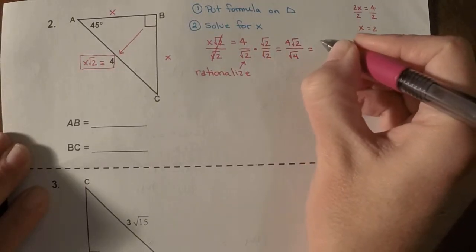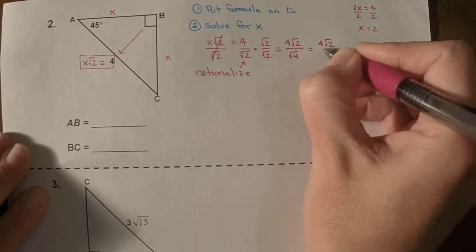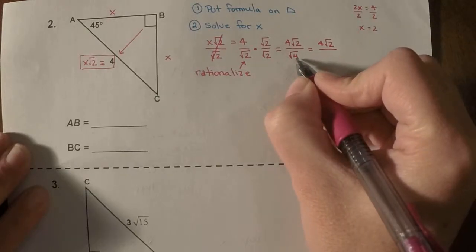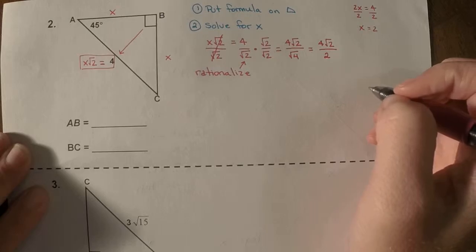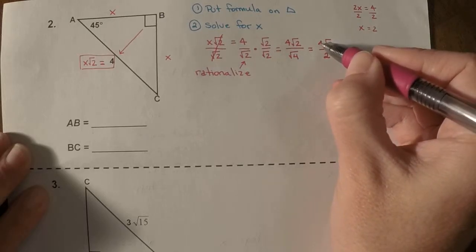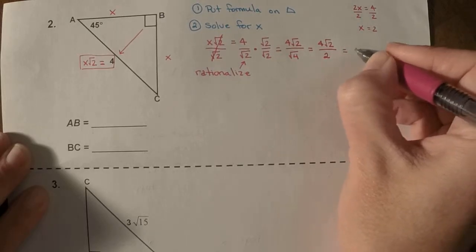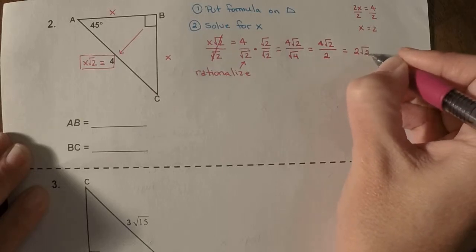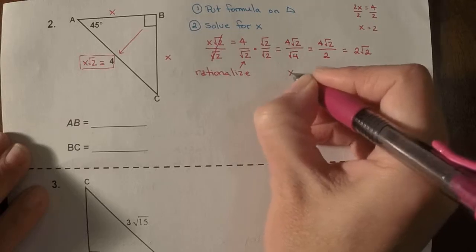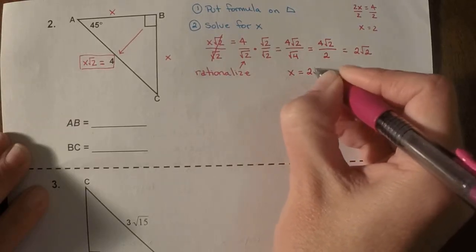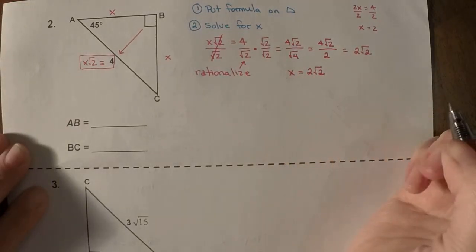So then if I simplify, I've got 4 root 2, and then the square root of 4 is just 2. And now I can divide 4 by 2, and I get 2 root 2. So my final answer is that x equals 2 root 2.